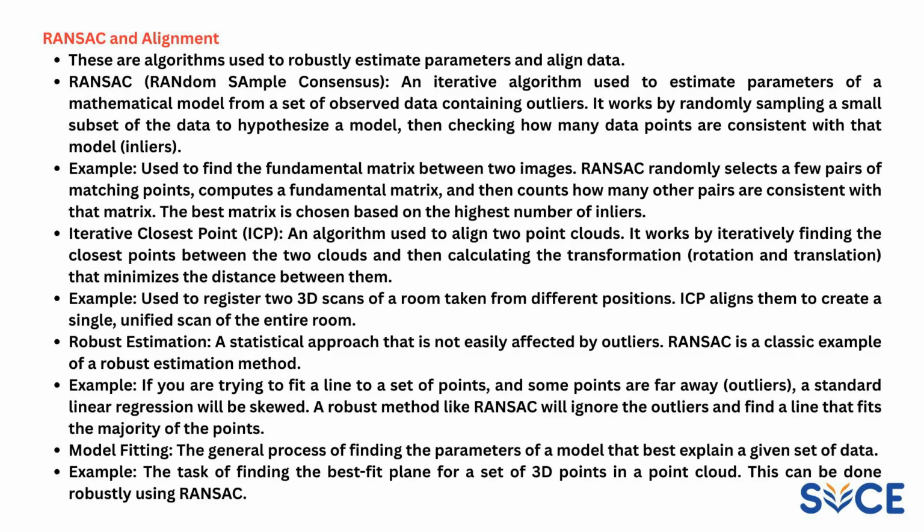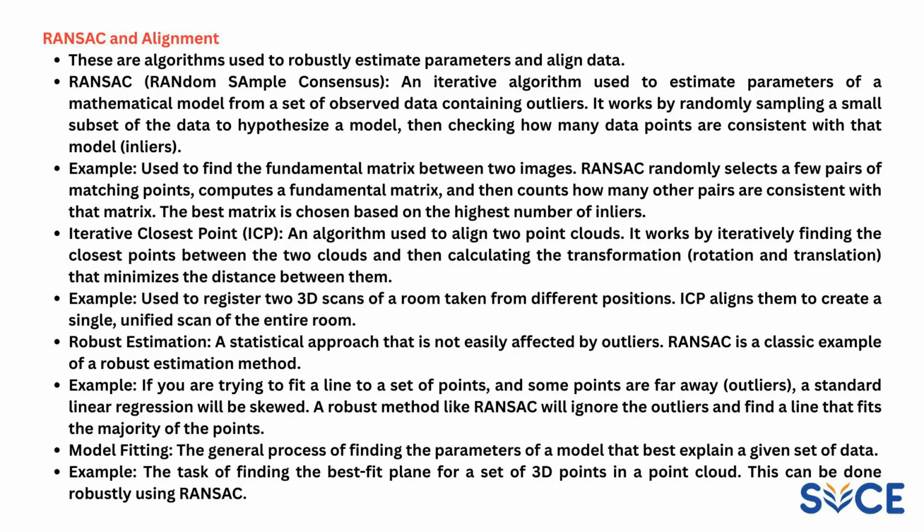Compute the best rotation and translation to align them. Repeat until the two clouds overlap as well as possible. Example, if you scan a room from different positions, ICP helps to combine both scans into one complete 3D model of the room.